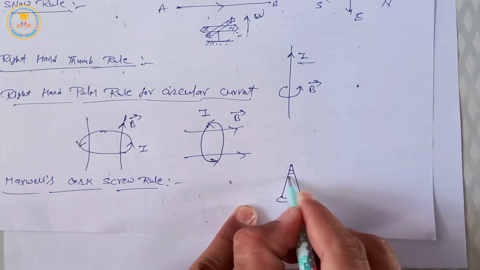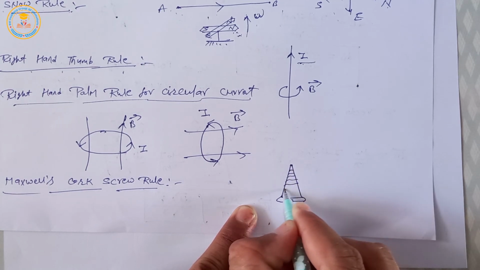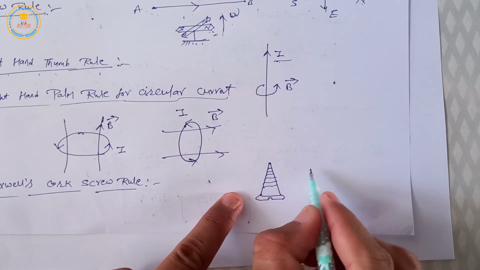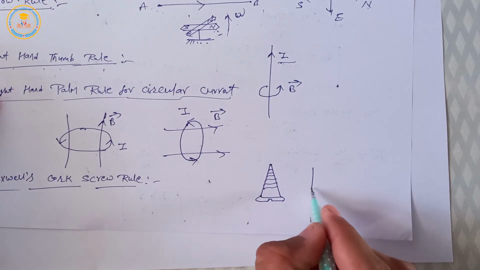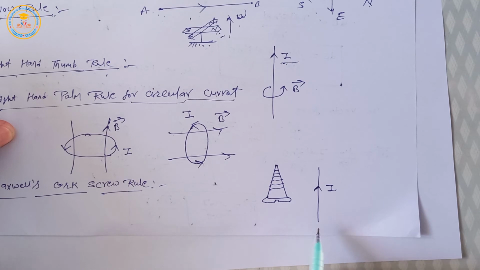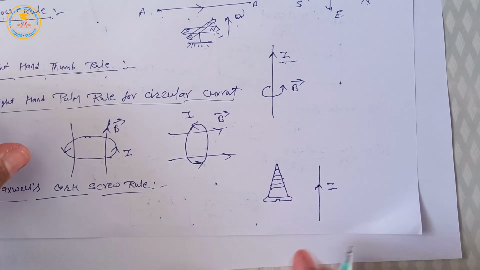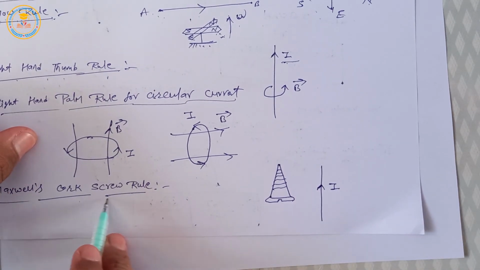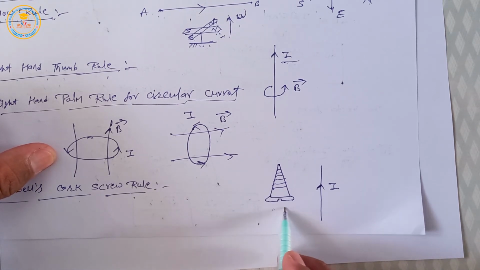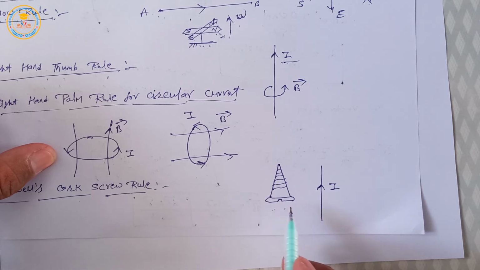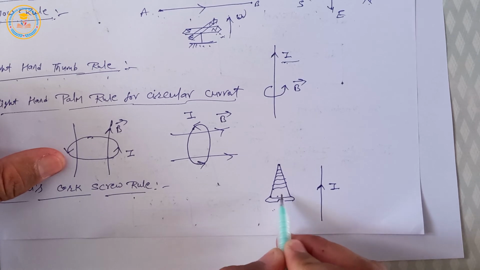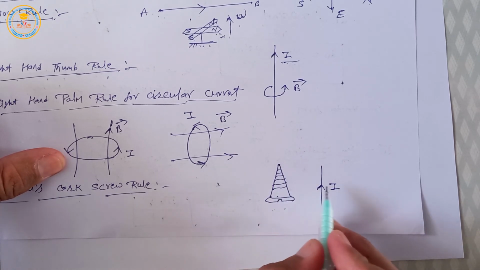Now if we have a wire and current flowing through this wire in this direction, then in this situation, according to the Maxwell cork screw rule, if a right-handed cork screw is turned in such a way that this screw goes ahead in the direction of current.